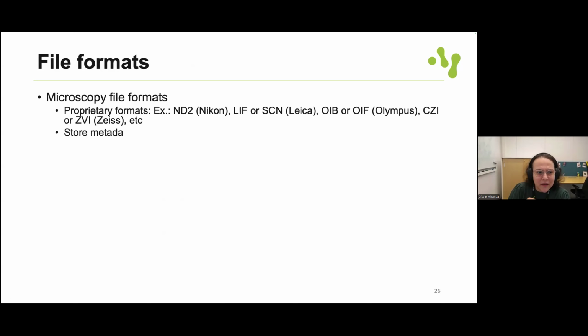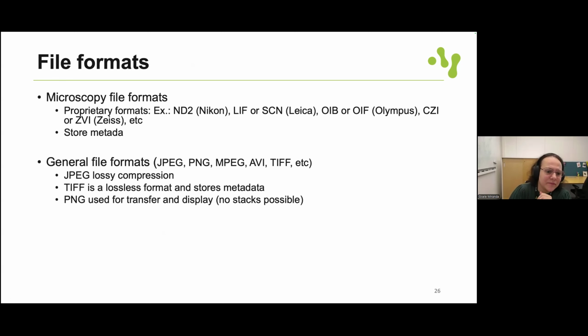And this is also linked to file formats, right? When we work with microscopy, there are different proprietary formats, for instance ND2 for Nikon or the Zeiss format, but you can usually convert these file formats to general formats like TIFF, for instance.